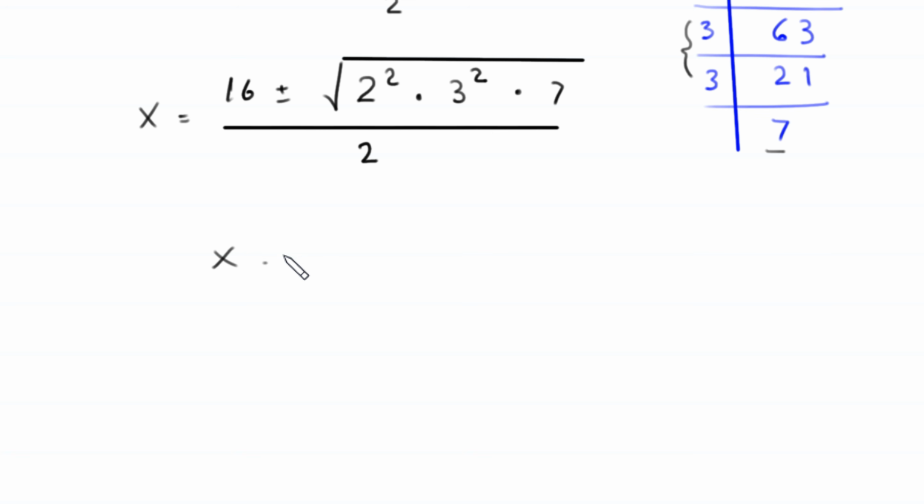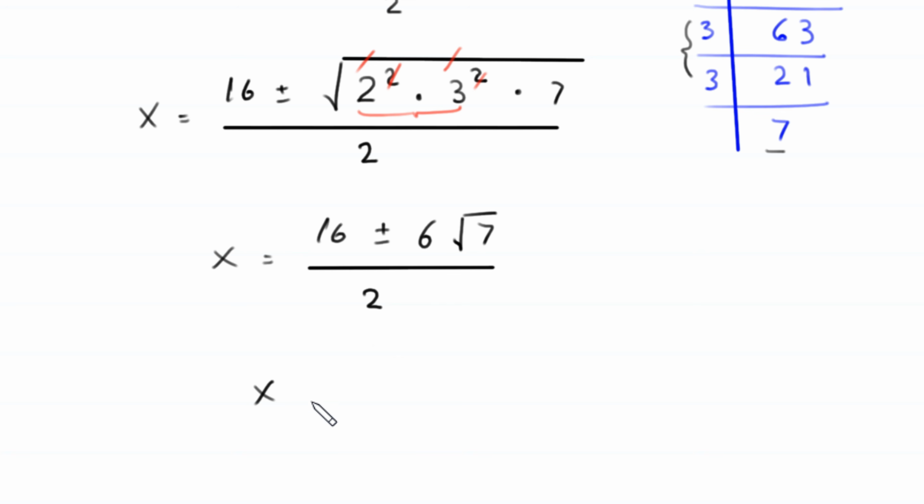Next, x is equal to 16 plus or minus, this square will be cancelled with the square root and this square will be cancelled with the square root, and this 2 times 3, 6, will become outside the square root. This will become 6 times root 7 divided by 2.